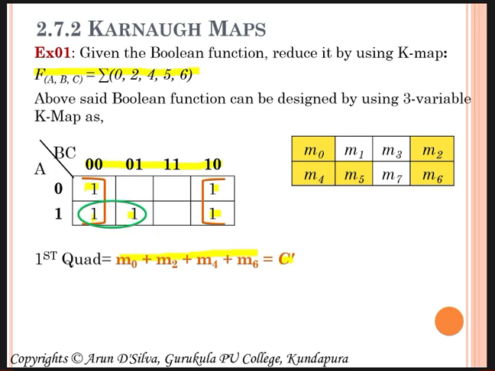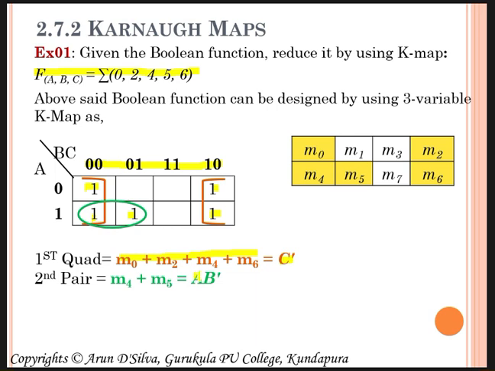This is a pair, the group of M4 as well as M5. Now see how we get the reduced term A B dash. Both these min terms lie in the second row itself, so the A value is 1 and does not change.